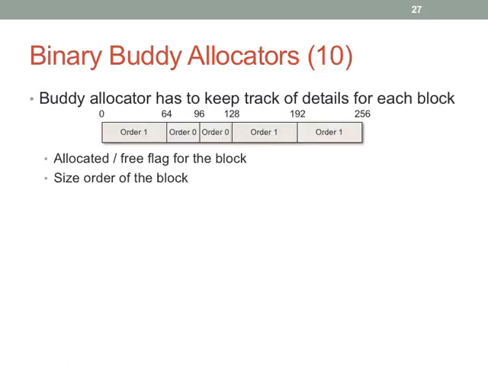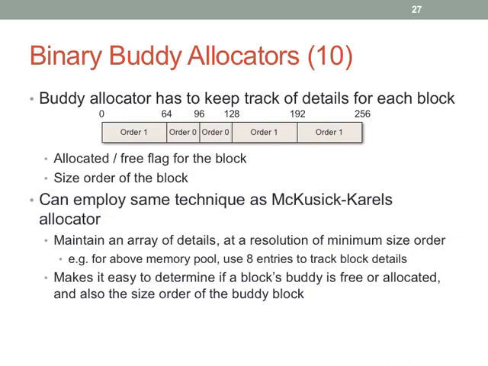So, as was noted, you do need to keep track of some details for each block. A lot of times what people will do is maintain a separate array of this information. Since size orders tend to be relatively small, you can do it in a byte, or in 2 bytes, something like that per block.